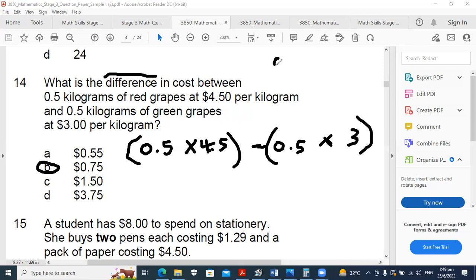Tell me something. What is 0.5 multiplied by 1.5? 0.75. Let me show you something.